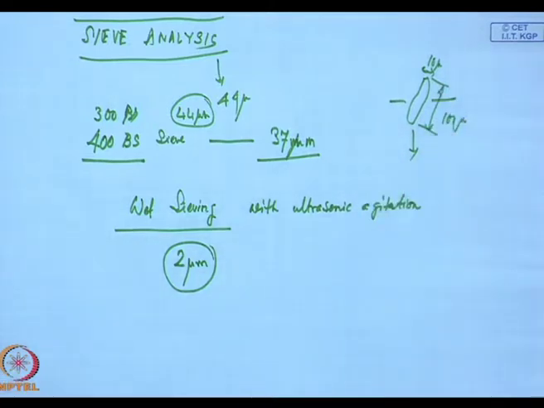But because this grain is elongated, it has slipped through. So, sieve analysis does not give you any idea of the shape or the size fully, but yet it is a good starting point for knowing the shape or sizes of the powders in the industry.